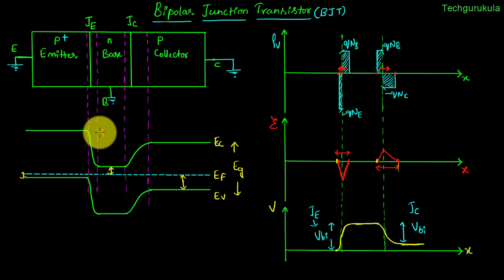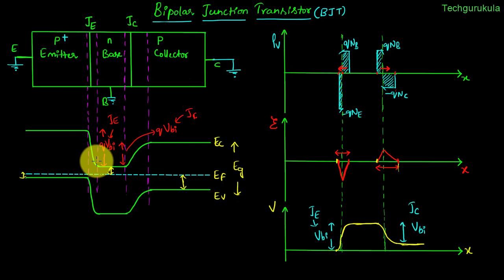And we can also represent the total band bending at the emitter junction as Q times VBI of the emitter junction. And similarly, we can say the overall band bending on the collector junction is equal to Q times VBI of the collector junction. And we know that VBI of JC is less than VBI of JE.